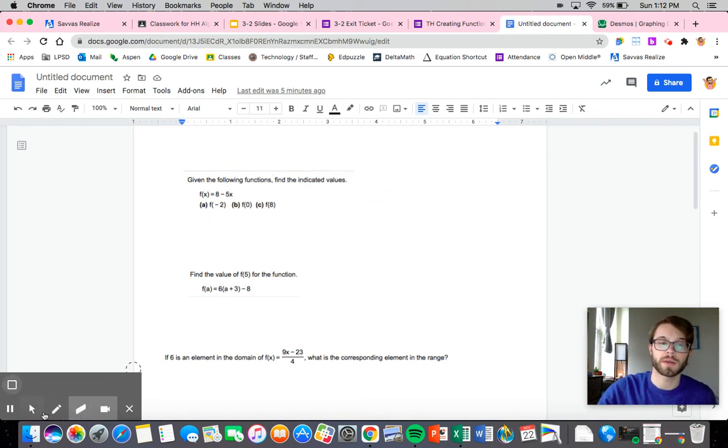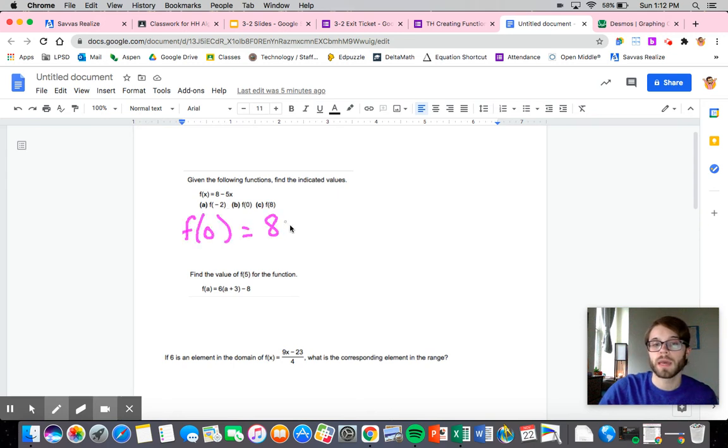So let me just clear the screen. In this one, we have f of 0. 8 minus 5 times 0. Okay, so then I have 8 minus 5 times 0 is just 0. So it's just 8. So again, we would have the point 0, 8.